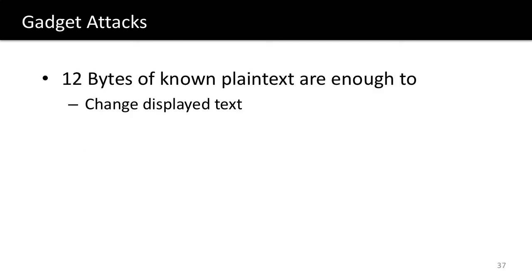This allows us to, for example, change the displayed text in otherwise encrypted documents, things that we could previously also do by modifying the outer structure by adding new unencrypted objects based on partial encryption, but we can also do this now using targeted modifications of the ciphertext.